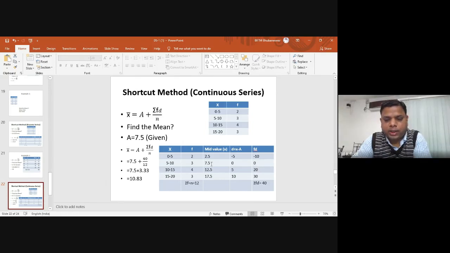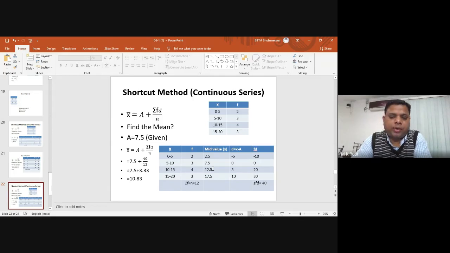Now calculate d, where a is given. 2.5 minus 7.5 equals minus 5. Then 7.5 minus 7.5 is 0. For the third row, 12.5 minus 7.5 equals 5. For the last row, 17.5 minus 7.5 equals 10.